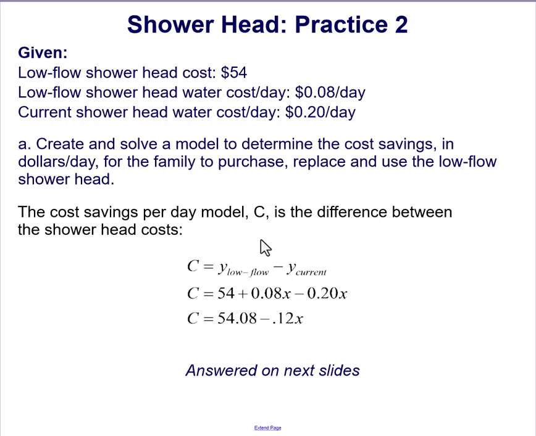So it's going to be the low flow shower head minus the cost of the current shower head, which is 54 plus 0.08x minus 0.20x, and the simplified result is C is equal to 54.08 minus 0.12x.